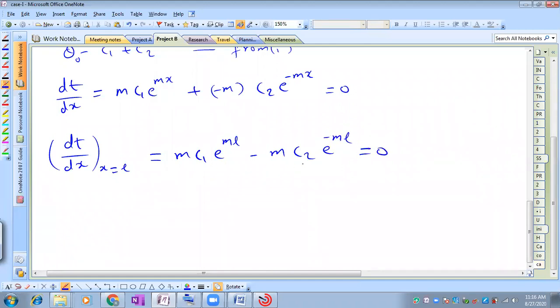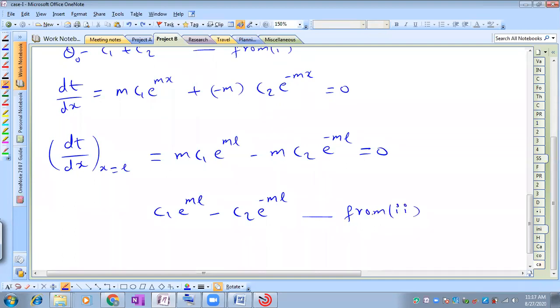So if I equate it to 0, m will be common. So the left part I can write as C1 e raised to mL minus C2 e raised to minus mL. So this we got from the second boundary condition.